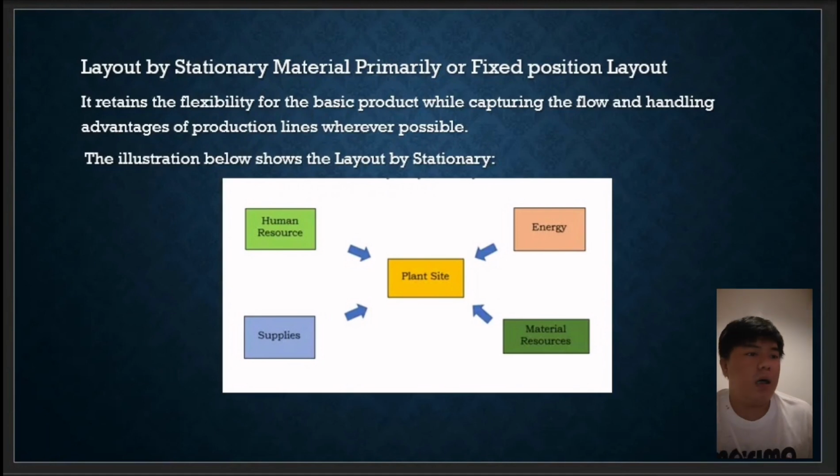So here the illustration shows the layout by stationary materials. Sorry. So in the middle is the plant site. The left side is human resources, and the right side is energy. Below human resources is supply, and below energy is material resources.